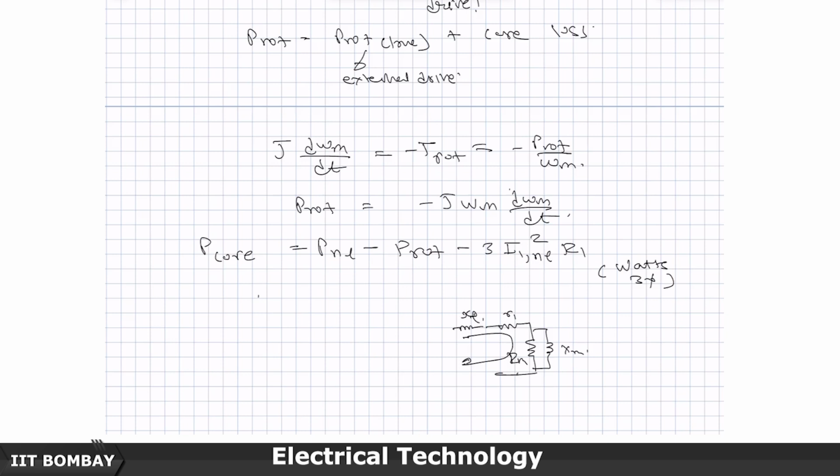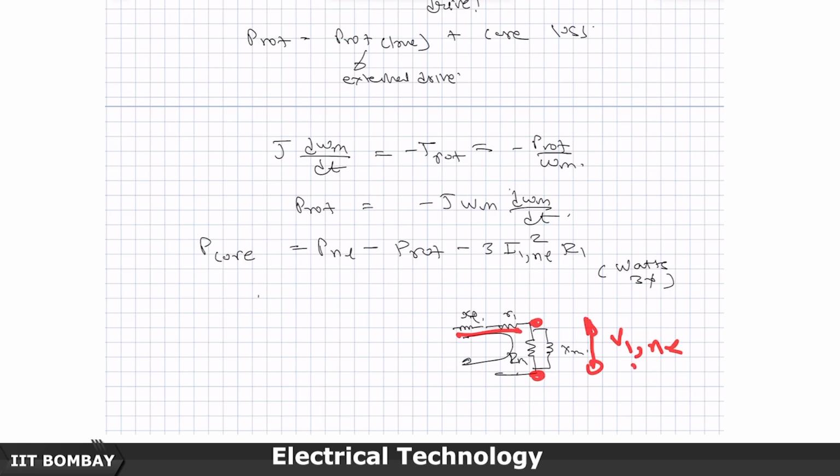Predominantly the voltage drop is happening here, because these values are large and these values are much smaller compared to this. So you can assume that whatever V1 NL, the no load voltage that you have applied, is as good as applied here, because the drop here is negligible or a very small fraction.